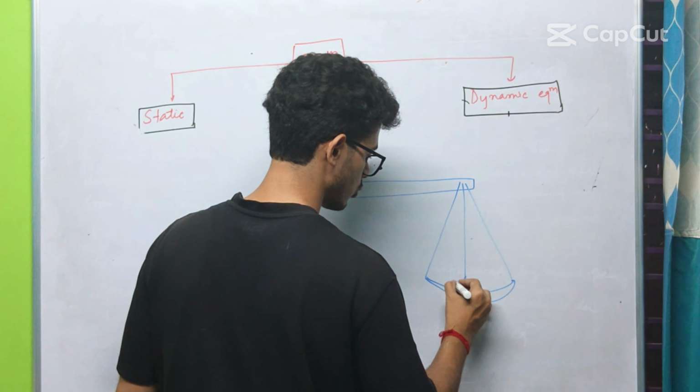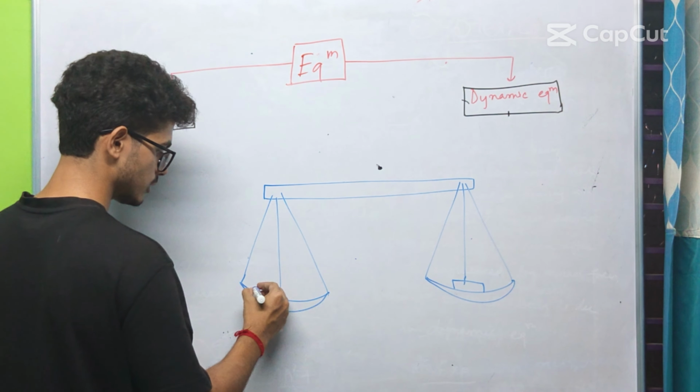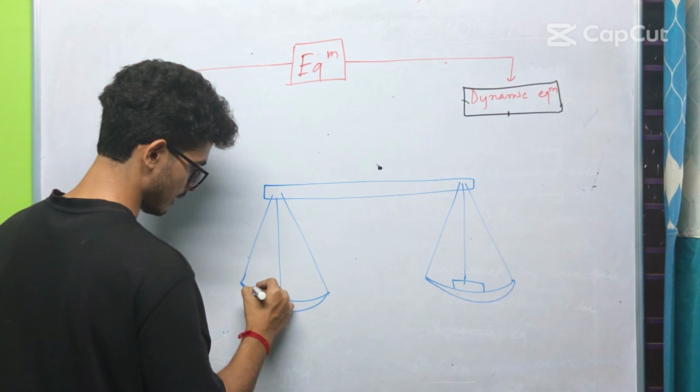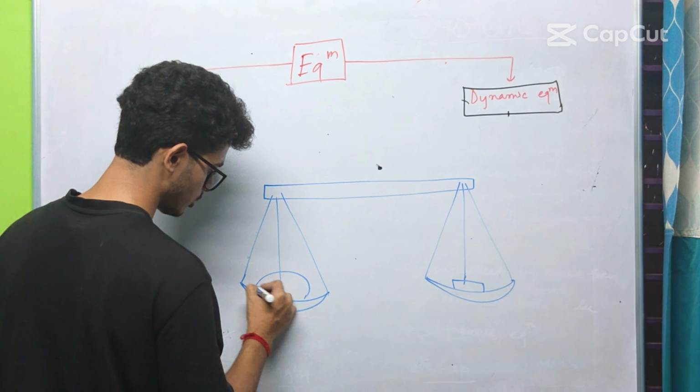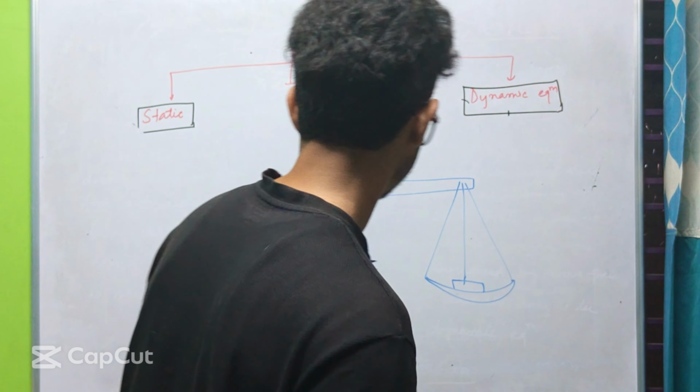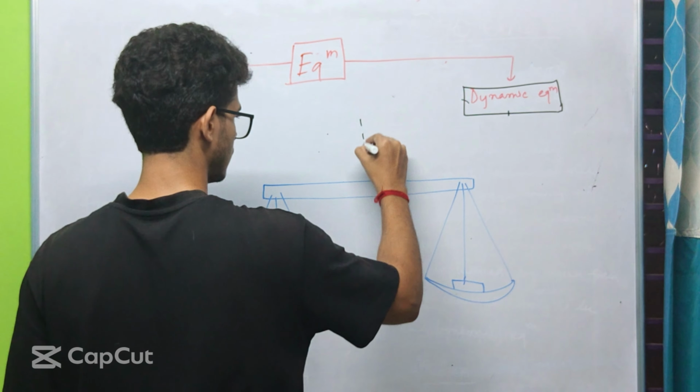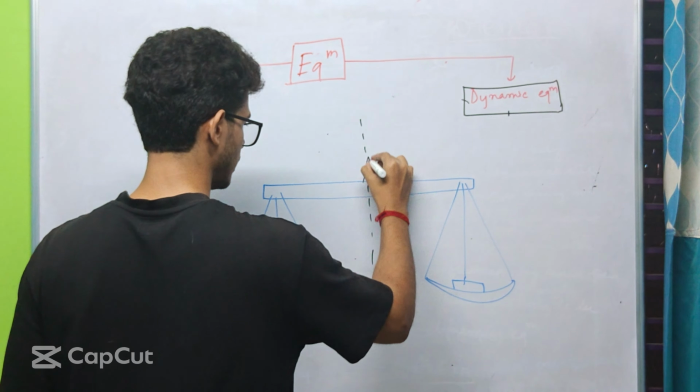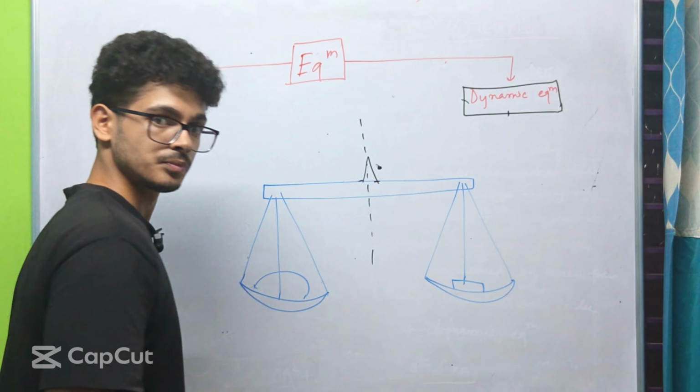So we put the weight here, and we put the stuff that we are going to consume here. Now, when the beam gets balanced and shows no rotation, the beam is fixed to this point and is free to rotate.